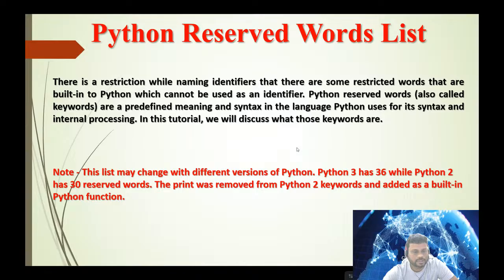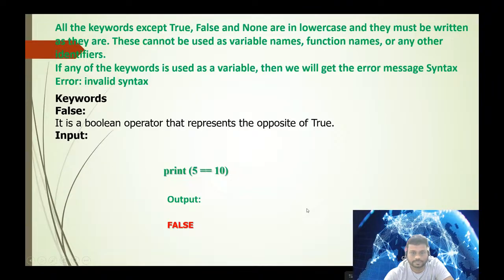Python reserved keywords are an inbuilt list of words that work as functions in Python. In Python 3 there are 36, while in Python 2 there are 30 reserved keywords. All the keywords except True, False, and None are in lowercase, and they must be written as they are.